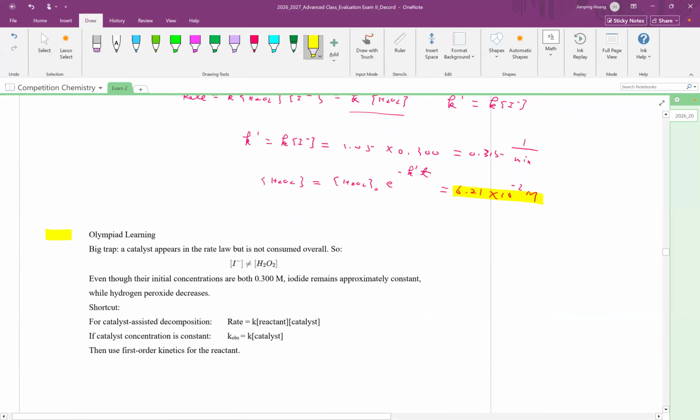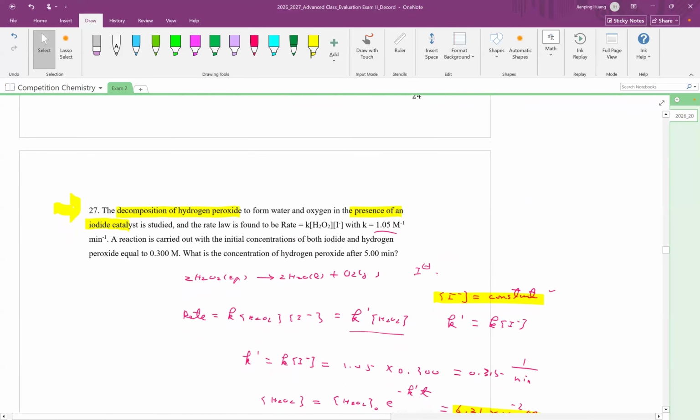Okay, another point. Now look at here's the important one, class. That's the Olympiad learning. Okay, the big chop is what? The catalyst appears in the rate law. However, the catalyst does not appear in the overall reaction. The question gives you fake news, not fake news. Look at 3.